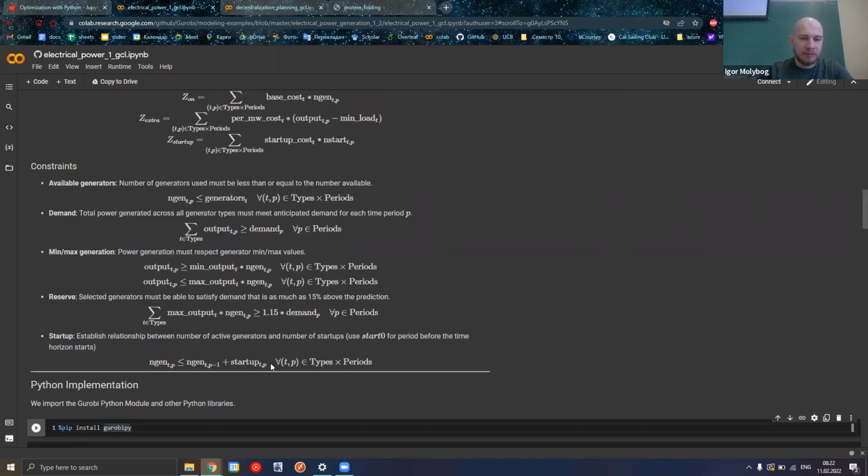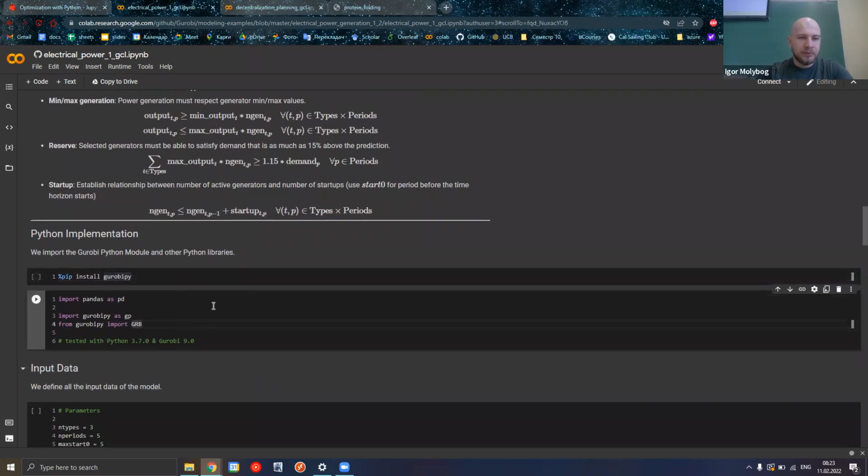This can be achieved by making sure that the total number of generators that is turned on of a specific type is less than or equal to the total number of generators that were operational in the previous time step, plus the number of generators that we could possibly turn on.